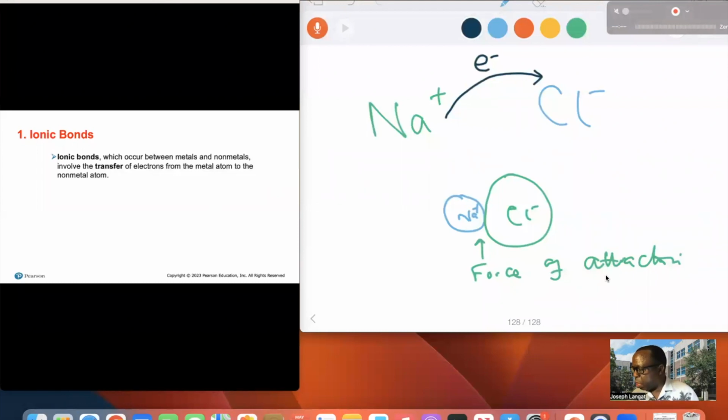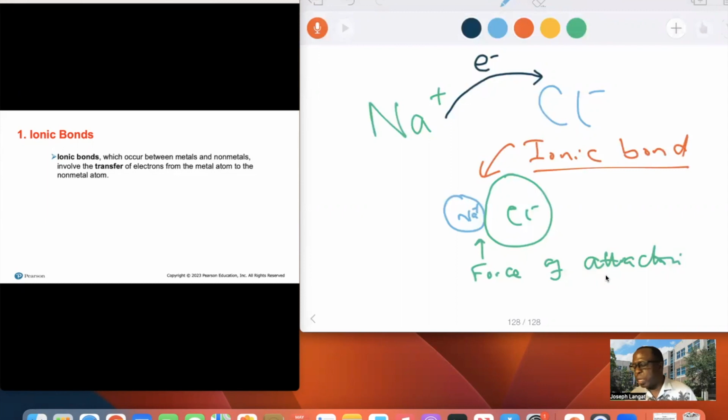This is where we talk about what we call an ionic bond. How do I know that? Because there is a metal and a non-metal. This is metal, and this is non-metal, and an electron is being transferred.